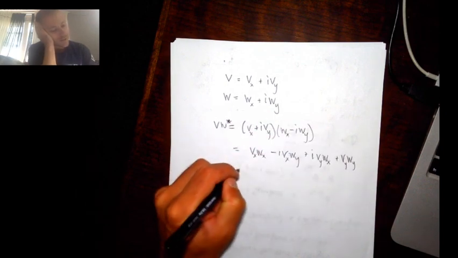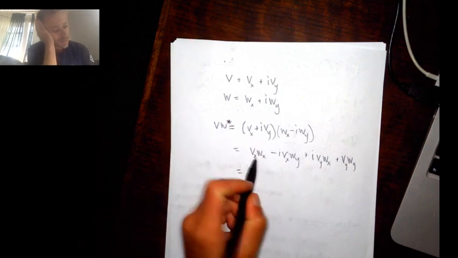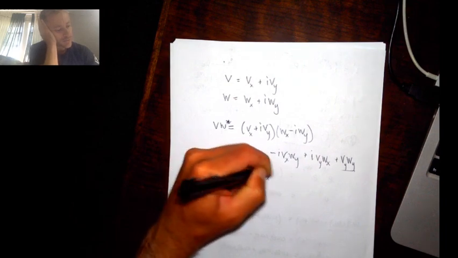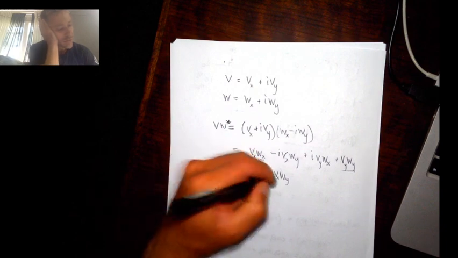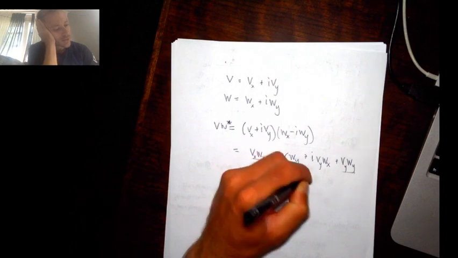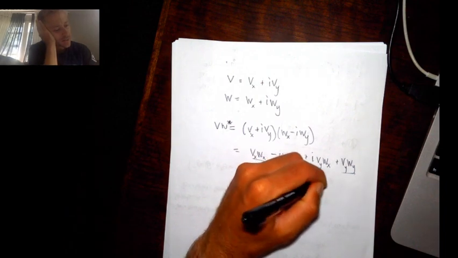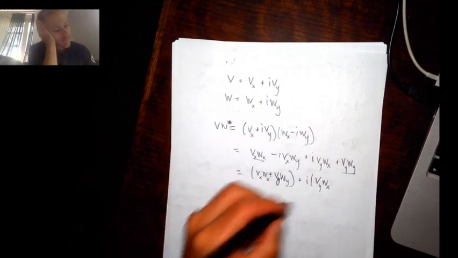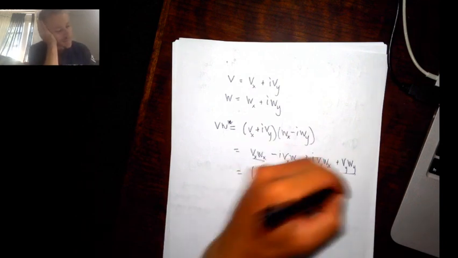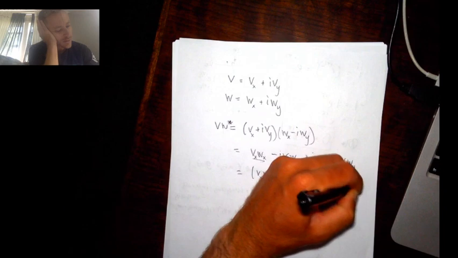So now collecting like terms, collecting real numbers will give vx wx plus vy wy, plus i times vy wx minus vx wy.